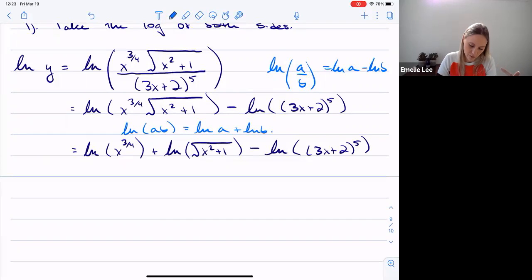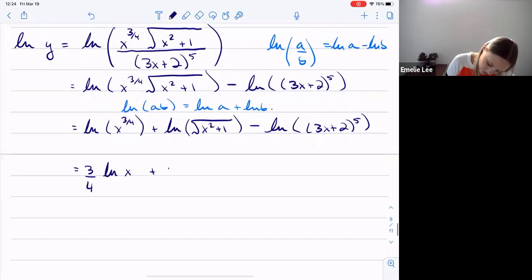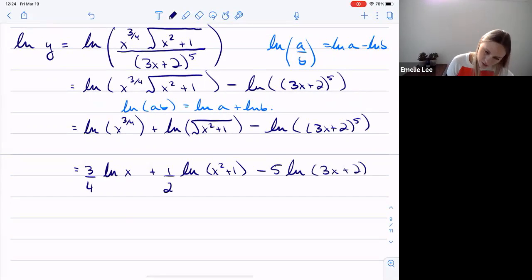x to the 3/4 becomes 3/4 times the log of x plus 1/2 times the log of x squared plus 1 minus 5 times the log of 3x plus 2.